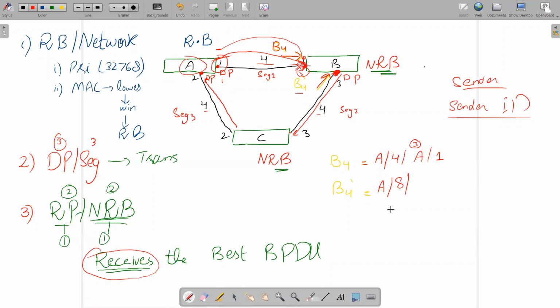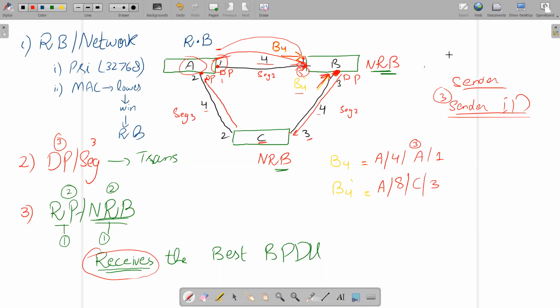And then again, the third field, the sender ID. You are receiving right now, but who was the sender? This switch, C. And by which port? By port number 3. Now this should be clear to everyone, whoever is making mistakes by writing the cost, the sender, or the port number.